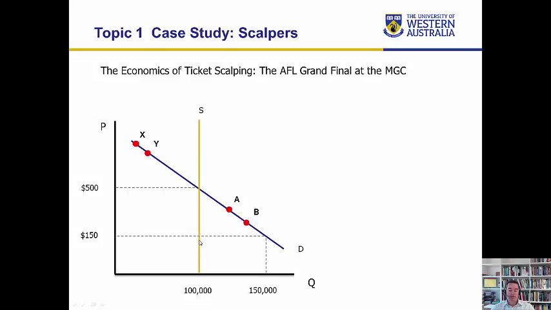So then the second question, the main question here then, is if we could magically increase the size of the stadium up to, say, 120,000, could we sell those additional 20,000 tickets at the current market price of $150? Hopefully you'll agree with me that the answer is probably yes, and if we had an extra 20,000 seats magically appear, it would probably take half an hour or an hour to sell those tickets.